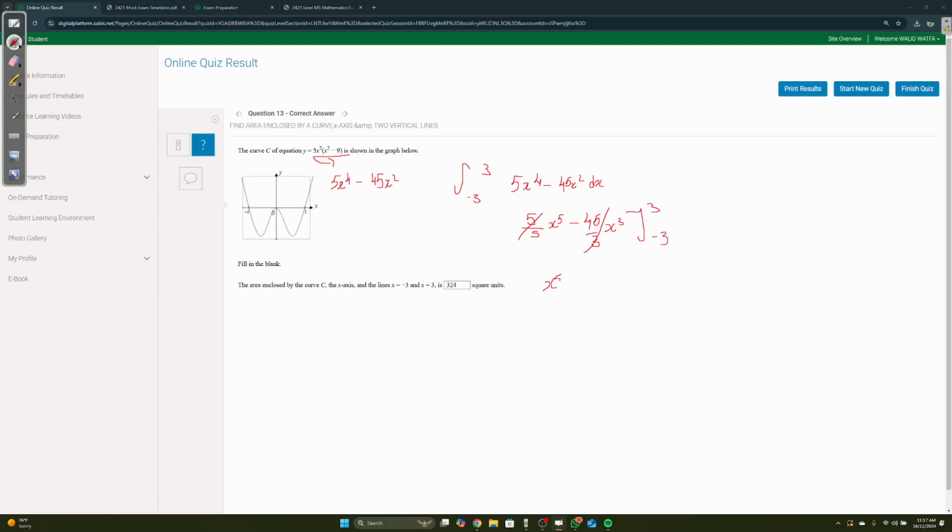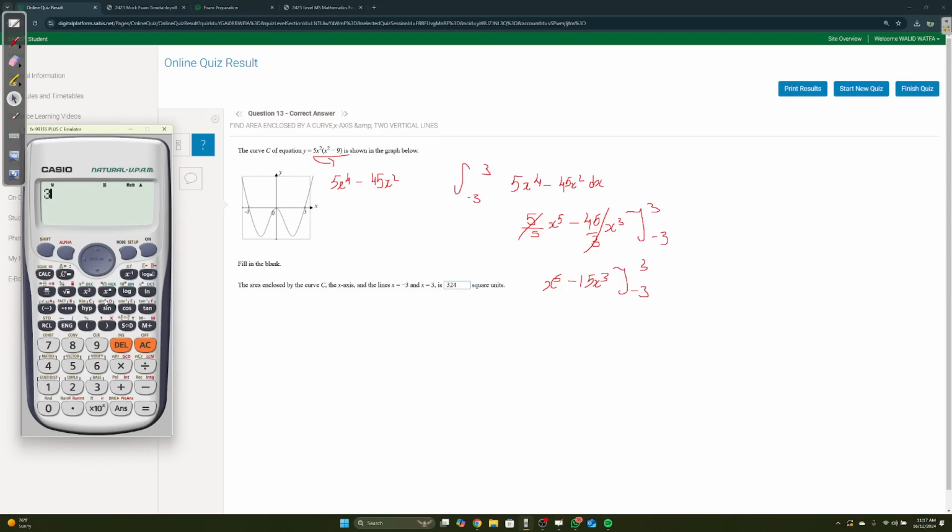Cancel. You're going to get x to the power 5 minus 15x cubed from -3 till 3. Let's do it on our calculator. You get negative 324. Obviously, it should be negative because you're going under the x-axis. So make it positive, it becomes 324.